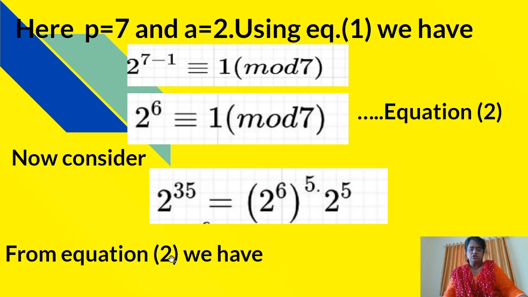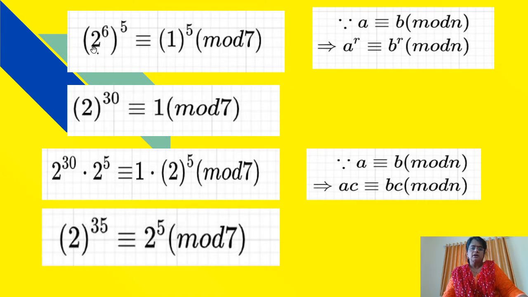Now from equation 2, that is, 2 raised to 6 is congruent to 1 mod 7, we can write (2 raised to 6) bracket raised to 5 is congruent to 1 raised to 5 mod 7, because if a is congruent to b mod n, it implies that a raised to r is congruent to b raised to r mod n. Here r is 5. Therefore, we have 2 raised to 30 is congruent to 1 mod 7.